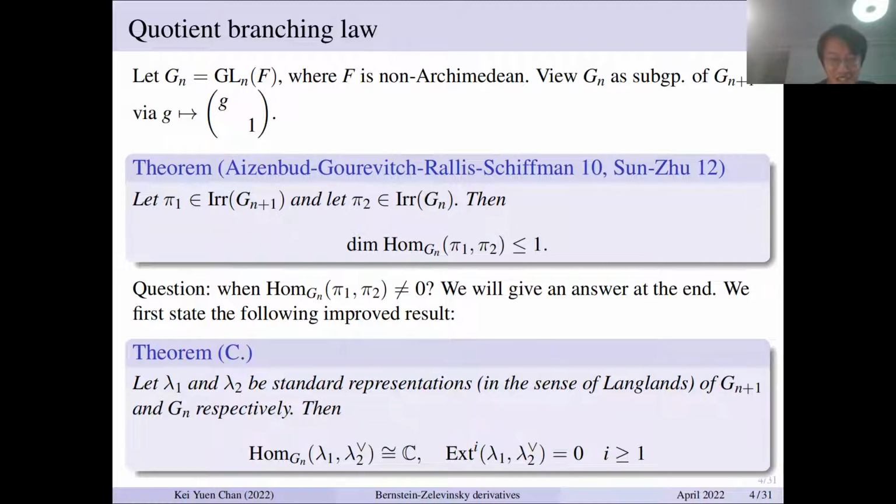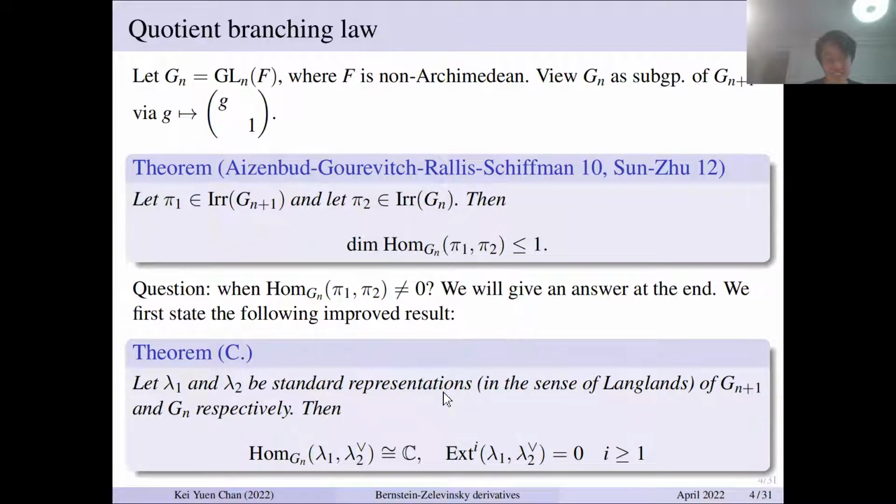But first I want to state and improve the result. Rather than considering irreducible representations, we can consider standard ones, in the sense of Langlands, which means that every irreducible representation appears in a certain standard representation.